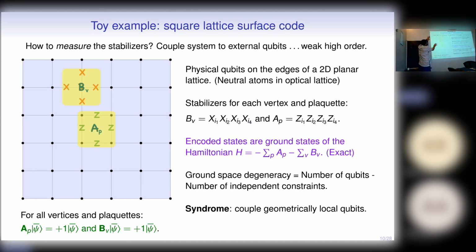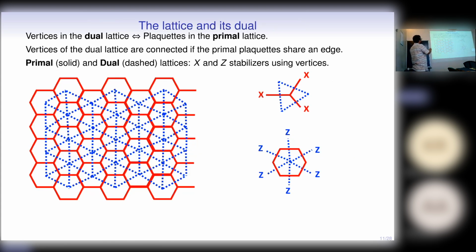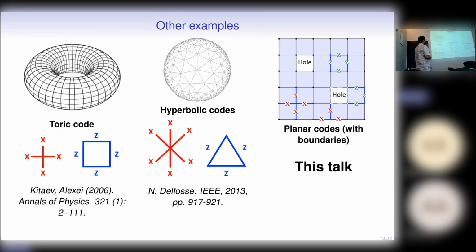It will just be something that's shifted diagonally to the southeast. Okay. But that's only for the square. For the hexagonal, the dual actually is a triangular lattice, and so on. But nevertheless, we can use the lattice and its dual to now specify our stabilizers.